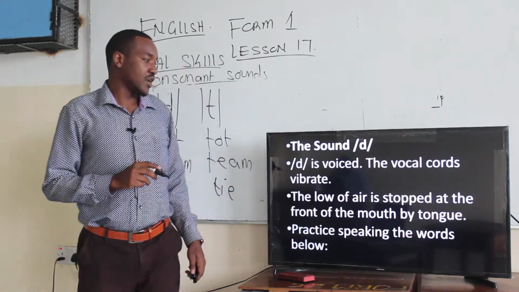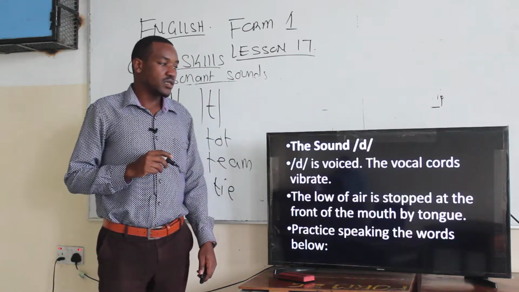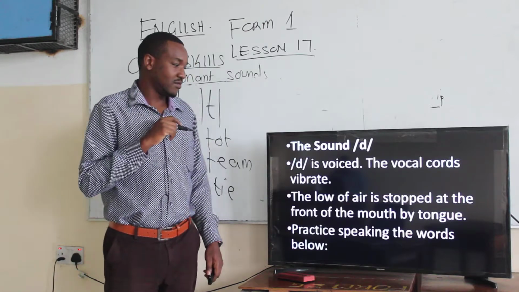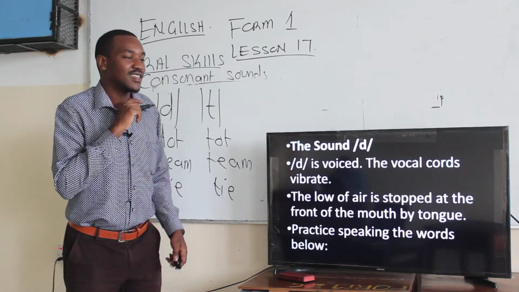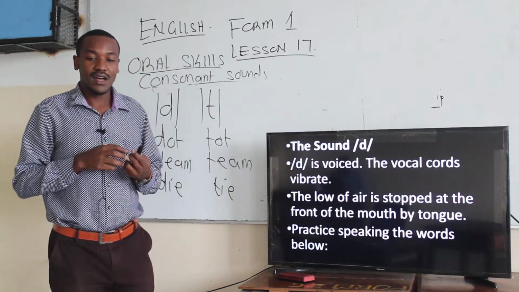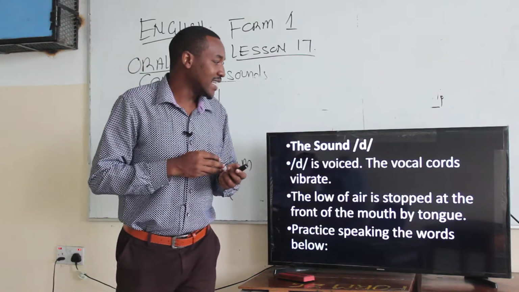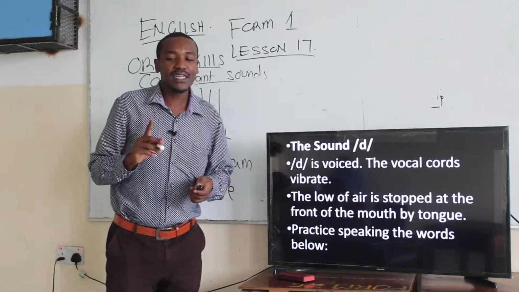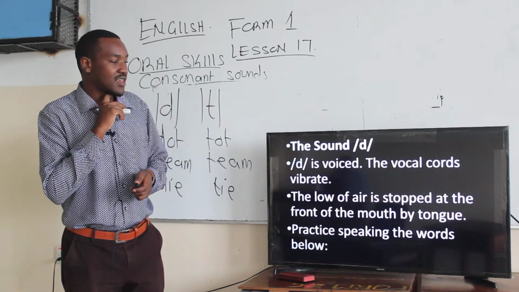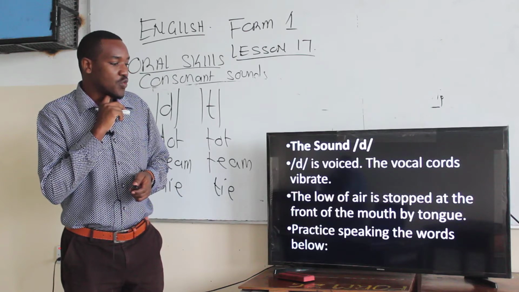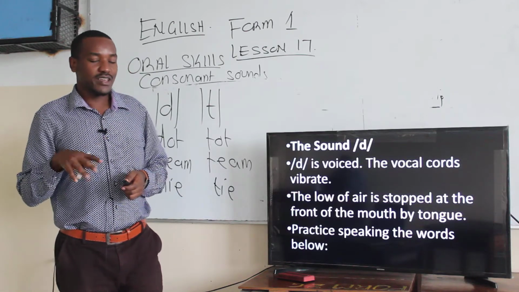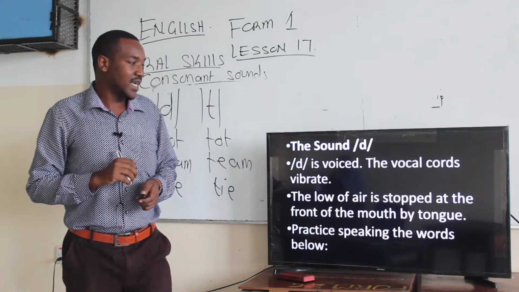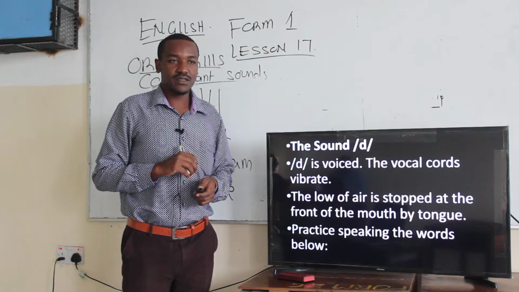So let's start with the first one. D, D, D, T. The simplest way to know whether a word or a letter is voiced or voiceless is simply by touching the vocal cords, nothing else. You will be in a position to know whether this letter is voiced or voiceless.